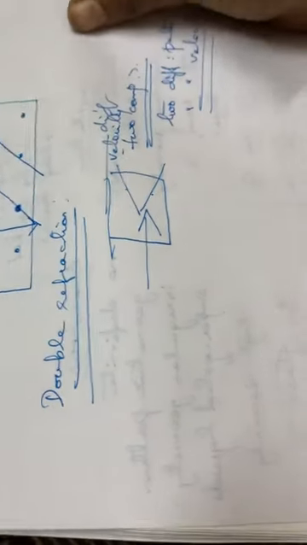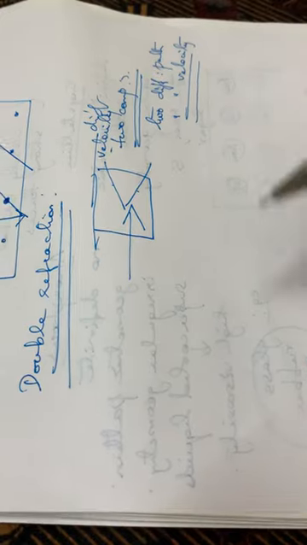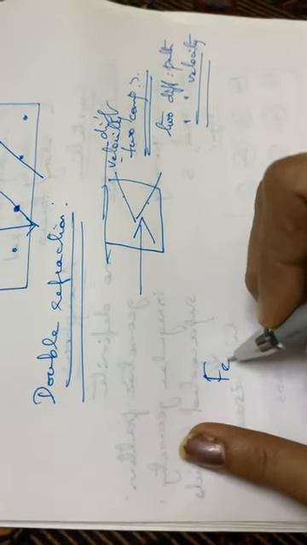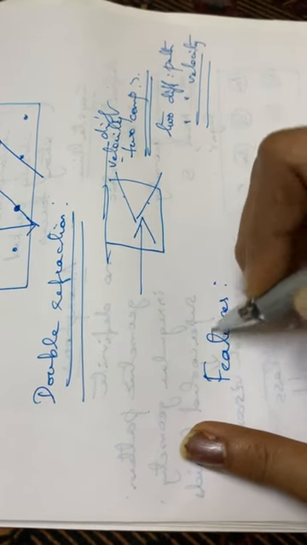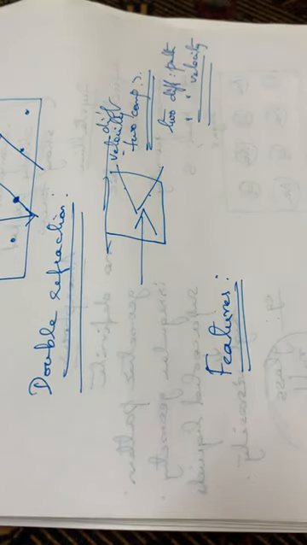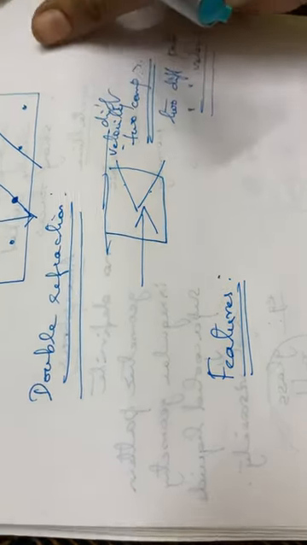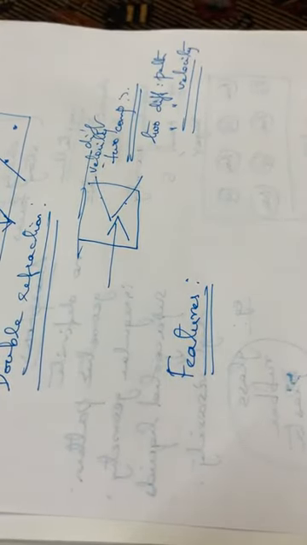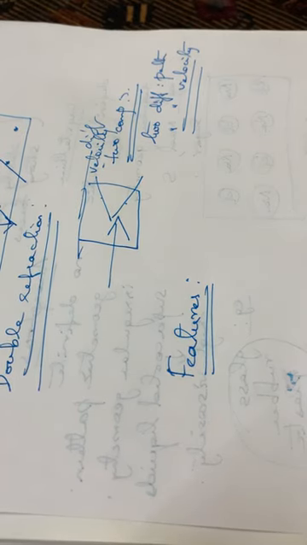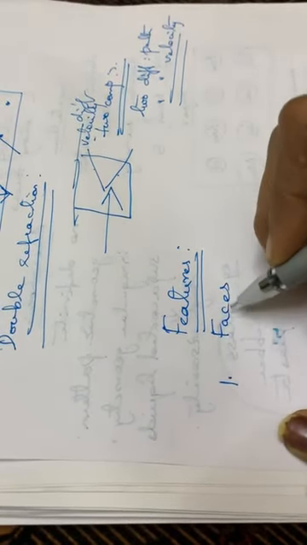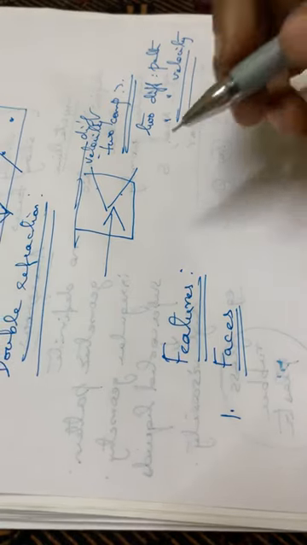Then the next one, you have to go through the characteristics of crystals, or the external features of crystals, that means how a crystal can be represented by some notations or with the help of some features. The first thing to be noted is that crystals have certain definite surfaces, and we call these surfaces faces.